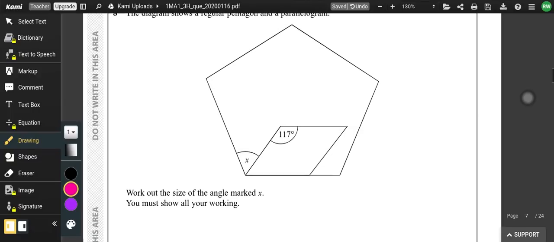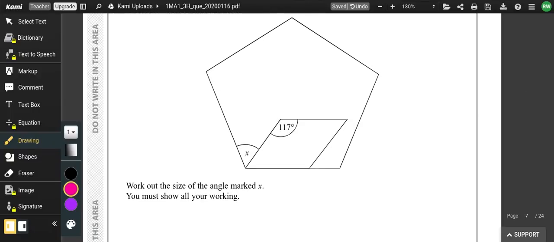Diagram shows a regular pentagon and a parallelogram. So work out x. So this angle in here, because it's a parallelogram, you can imagine the Z and F angles, but essentially you add these two to get 180. So 117, that would be a 63 in there. And then we need the interior angles of a pentagon.